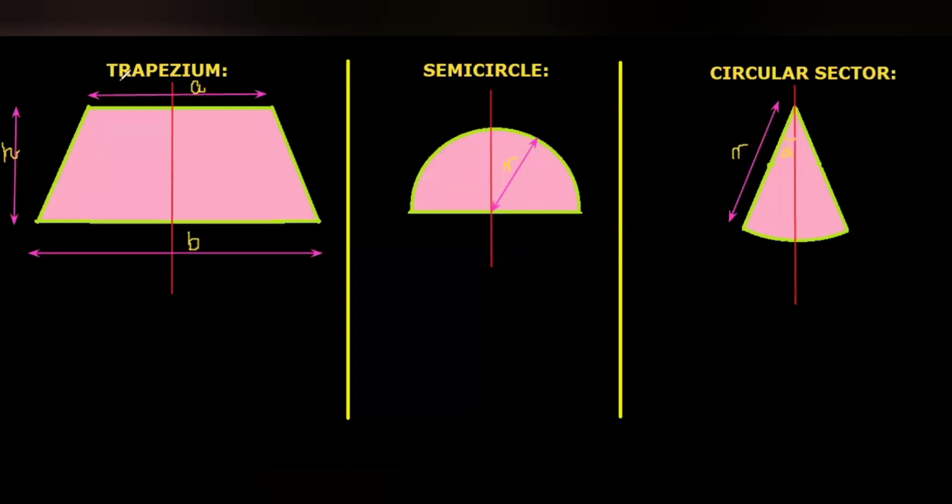Next, the trapezium. Here, on one side it has the dimension A, on another side it has the dimension B. The vertical height is h. Here A is the smaller side, B is the larger side. And you can see this is symmetric about the vertical axis.